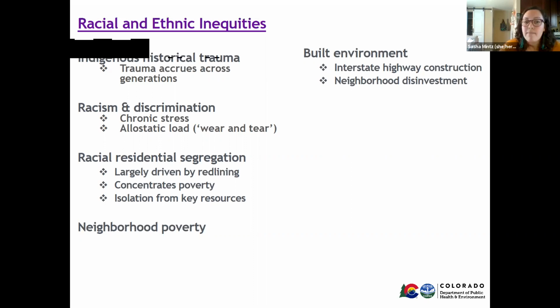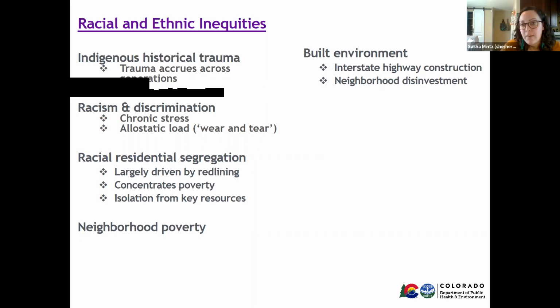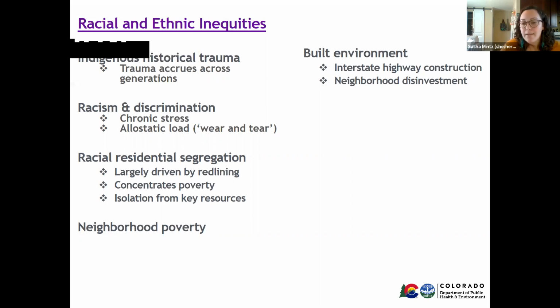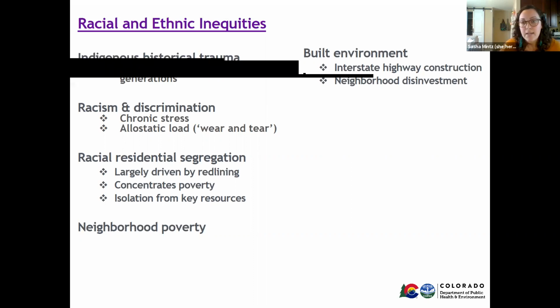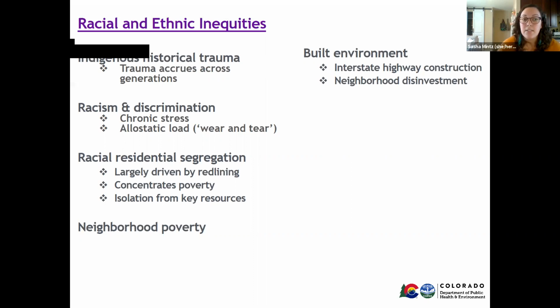It lowered property values, further increased poverty, decreased access to quality education, and overall provided more dangerous environments for driving and walking. Even to this day, investments in road safety, such as street maintenance, crosswalks, and street lights, are less likely to occur in segregated and low-income communities.